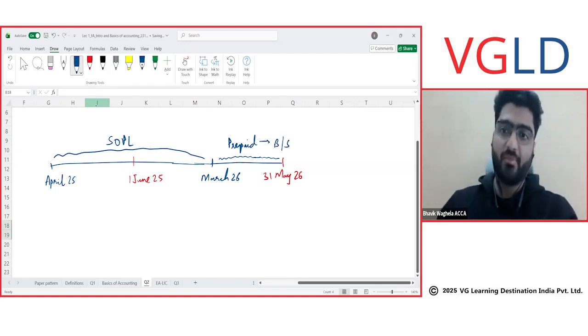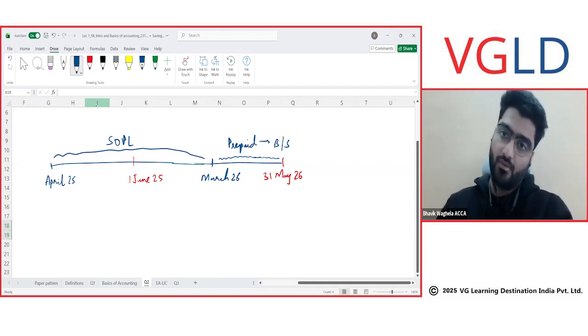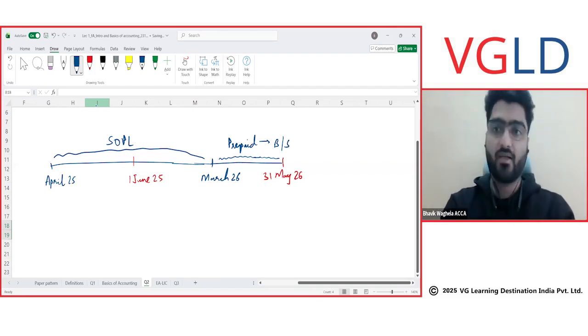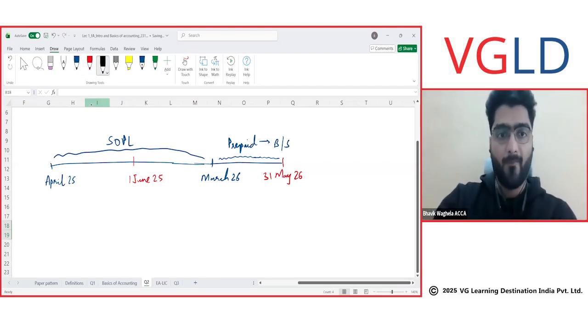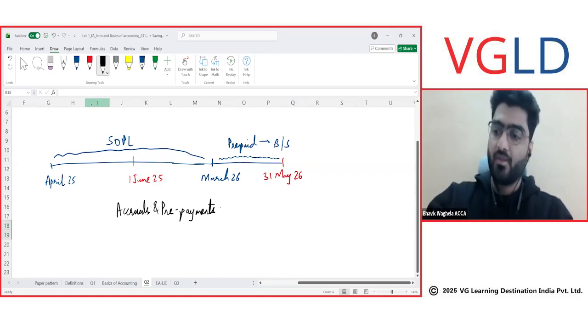So this is what I mean by prepaid expenses over here, not the one that you are talking about. Got it? You'll understand about this in more detail when we come across the chapter on accruals and prepayment. We have a detailed chapter for this. Everyone understood this?